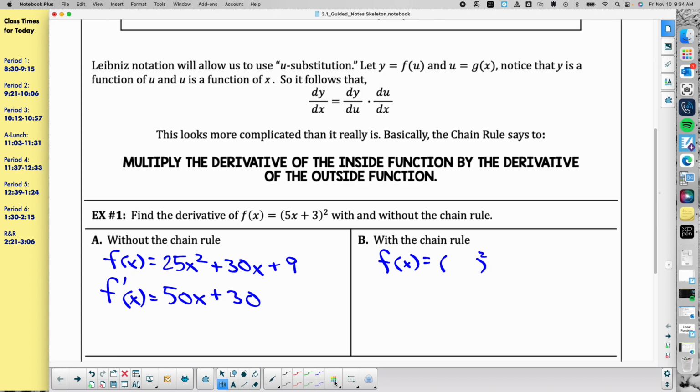Oh yeah, outside inside functions. Can I have a packet? Yeah. Oh yeah, you too. Okay. There you go. Thank you.